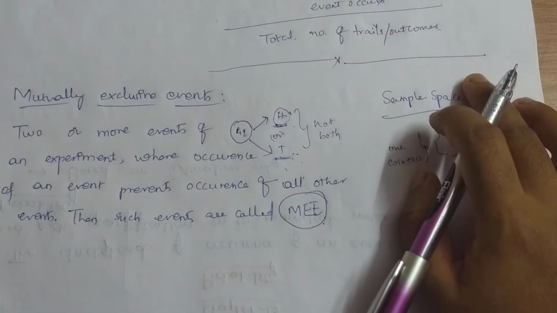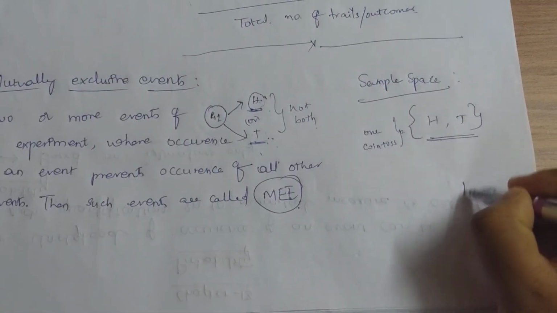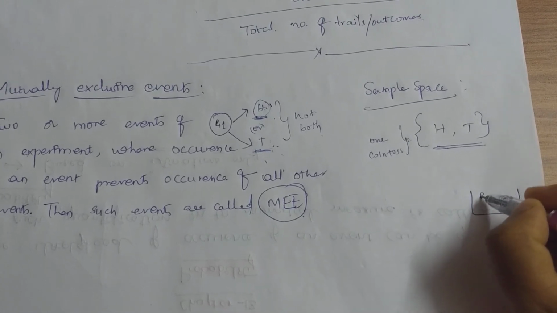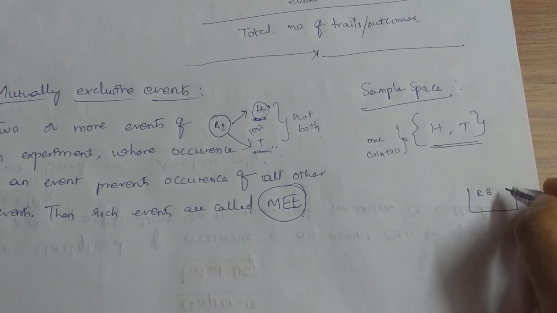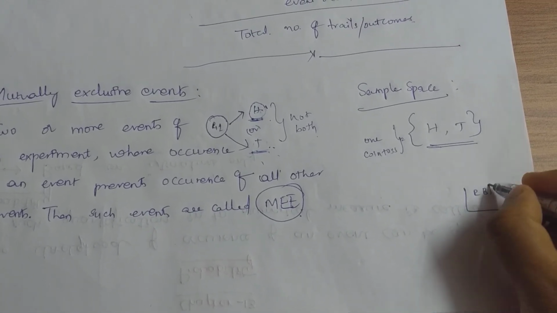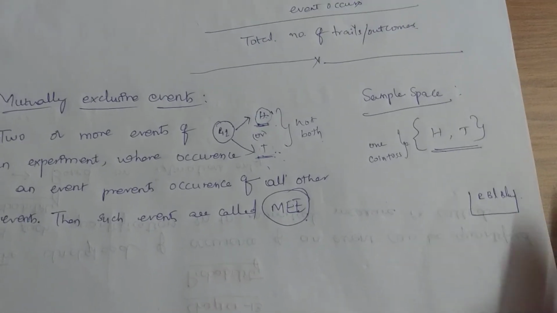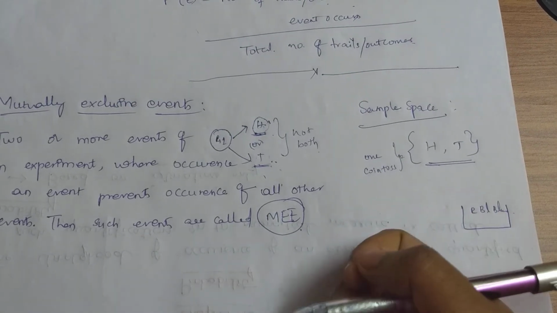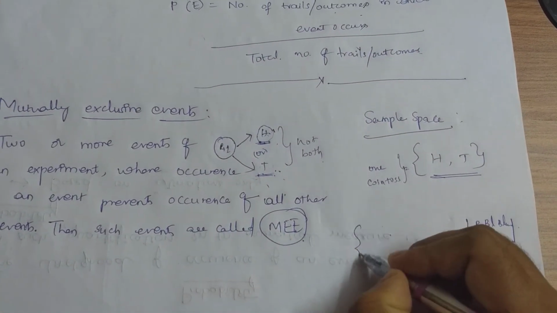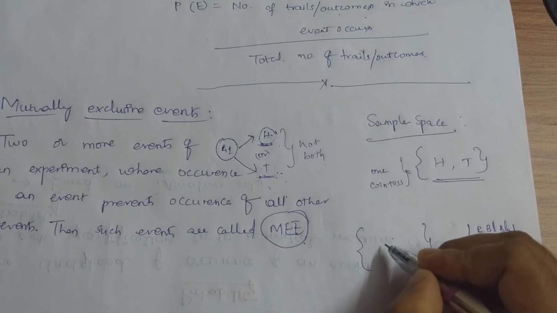Suppose you have a bag in which there is a red pen, a black pen and a blue pen. Three pens are there. When you take one pen each time, what will be the possible outcomes?